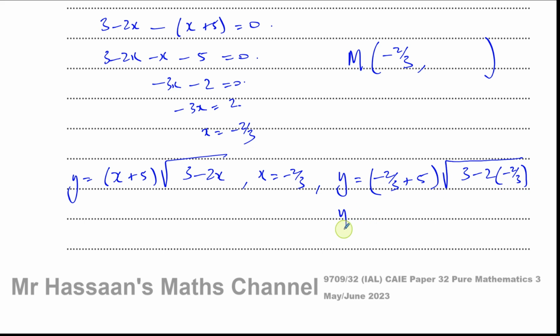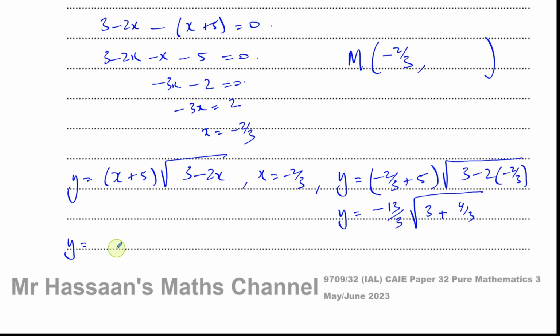Okay, so that's going to give us y equals minus 2 over 3 plus 15 over 3, because 5 is like 15 over 3. That's 13 over 3 times the square root of 3 plus 4 over 3, because minus times minus is plus.